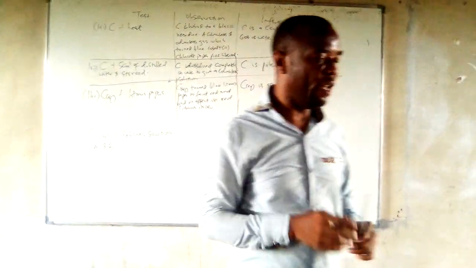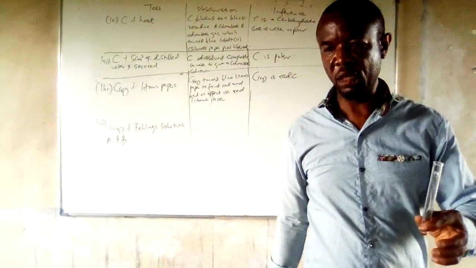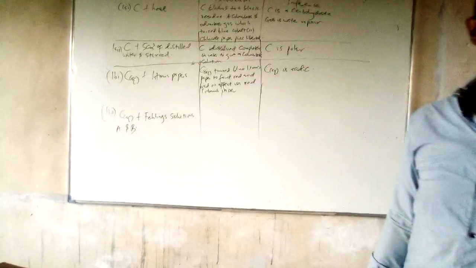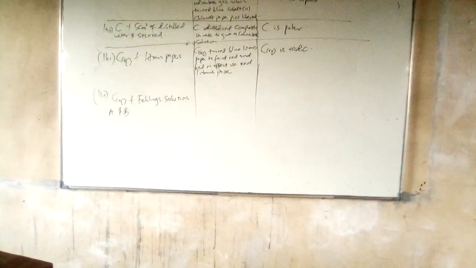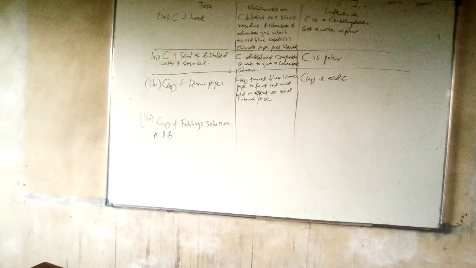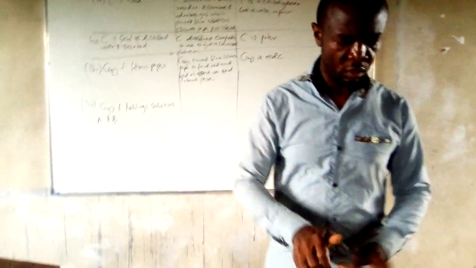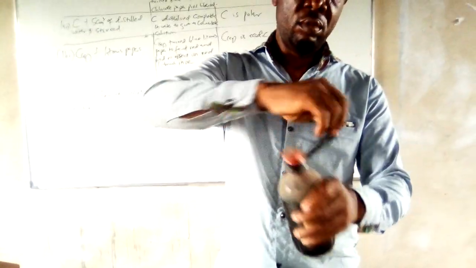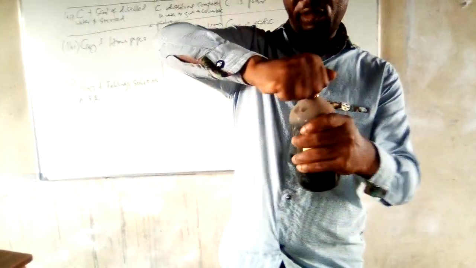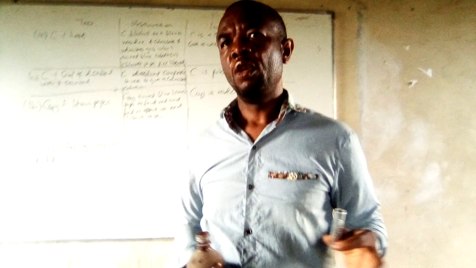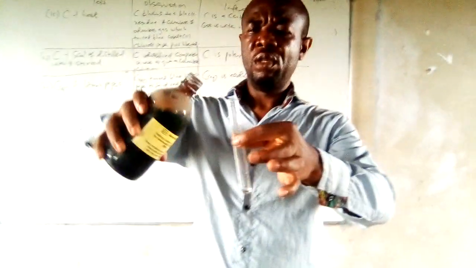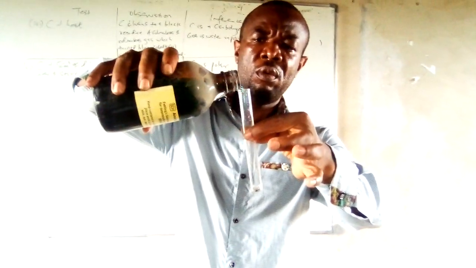So we're going to have Fehling's solution. We don't have it here. Hold it. So we get Fehling's solution. This is Fehling's solution A. Then to that, the C aqueous, I'm going to add a small amount into it.